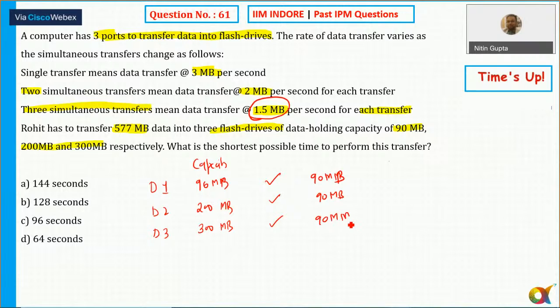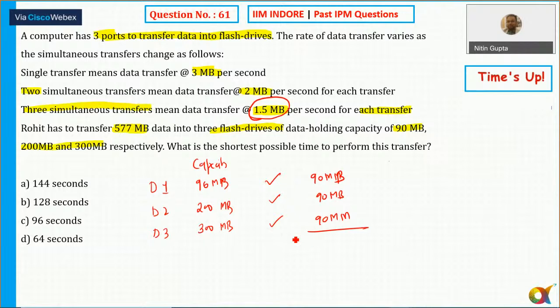So what is the total time taken to transfer 90 MB in drive 1, 90 MB in drive 2, 90 MB in drive 3? We know the rate here is 1.5 MB per second. So the total is 270 MB. Okay, Nikita is saying 393. We'll check that.